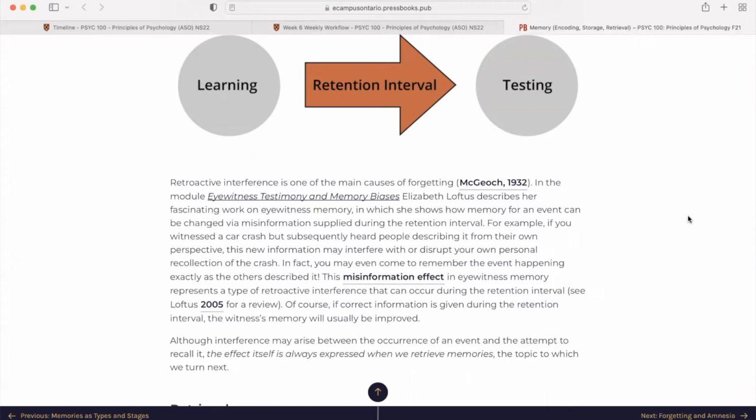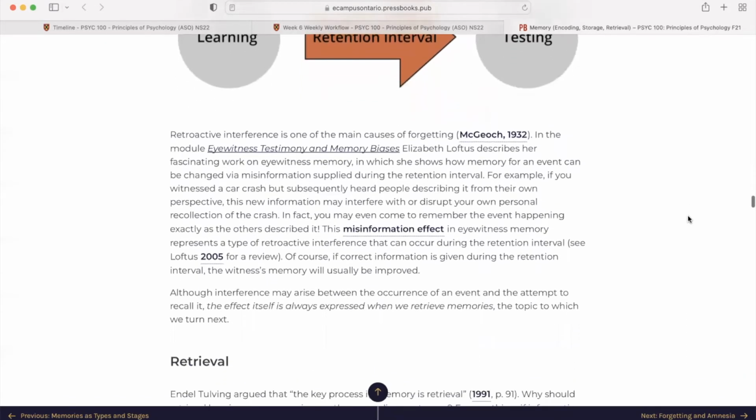In fact, you may even come to remember the event happening exactly as others described it. This misinformation effect in eyewitness memory represents a type of retroactive interference that can occur during the retention interval. Of course, if correct information is given during the retention interval, the witness's memory will usually be improved.